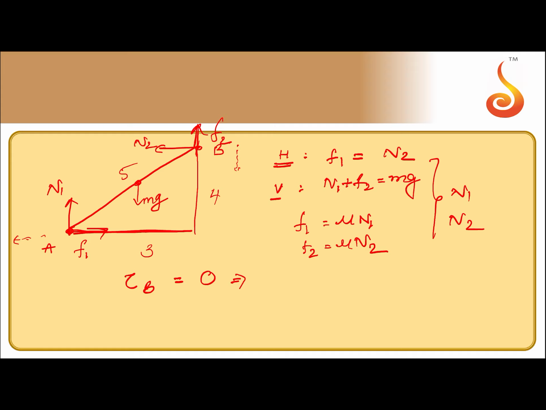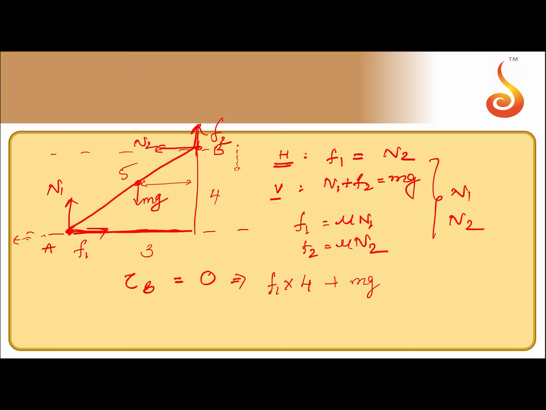What is that torque? We will write it about this point: F1 into 4. F1 is acting here and 4 is the perpendicular distance between them, plus mg into the perpendicular distance between this point and the line of action of mg.